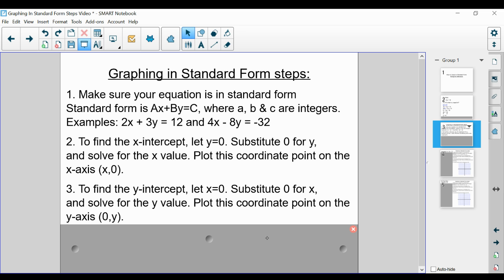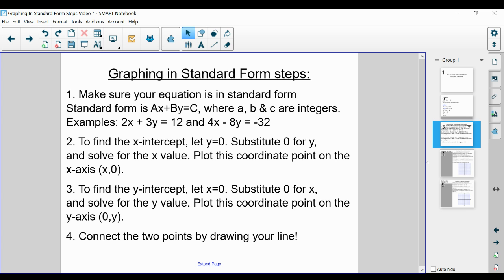After that, we're going to find the y-intercept by letting x equal 0. Substitute 0 for x and solve for the y value, where again we're going to plot this coordinate point on the y-axis. And that coordinate point should look like 0, comma, whatever value of y you just found. And then we're going to connect the 2 points by drawing our line. So those are the 4 steps that we take within standard form.